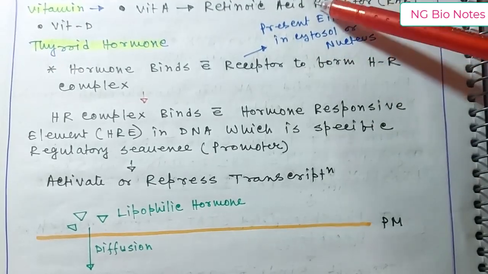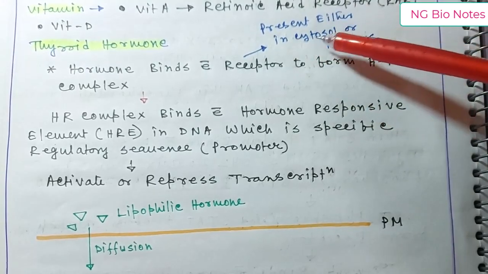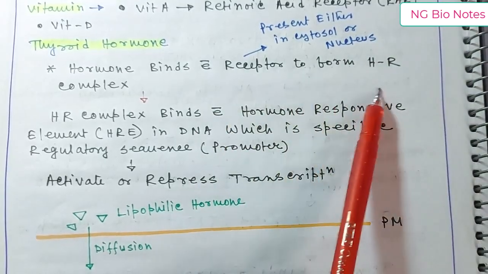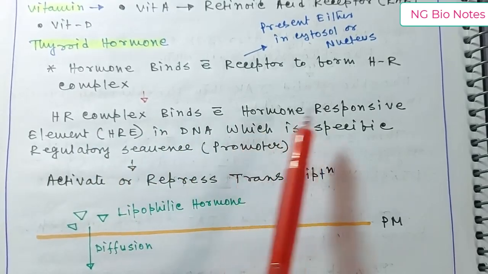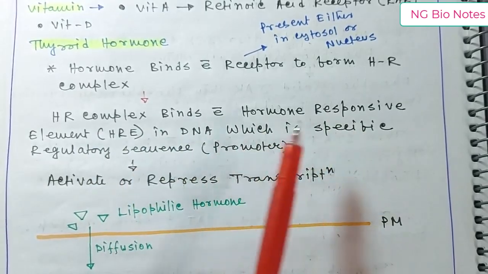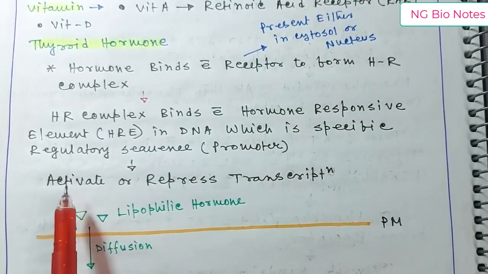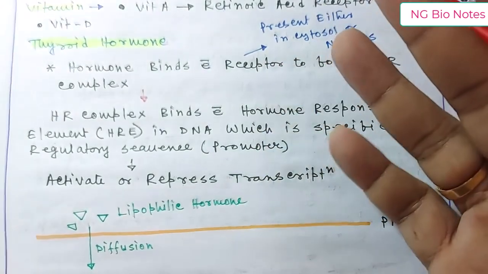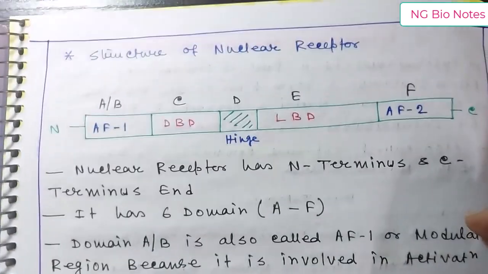Receptors of steroid hormones and the vitamins are nuclear receptors, but thyroid hormone receptor may be cytosolic or nuclear receptor. The hormone receptor complex binds with hormone responsive element in DNA, which is a specific regulatory sequence or promoter. And this will activate or repress the transcription, and this is the process by which the nuclear receptor can act.